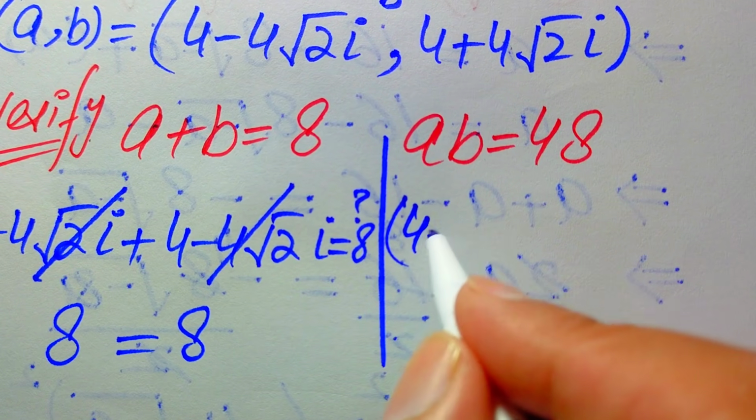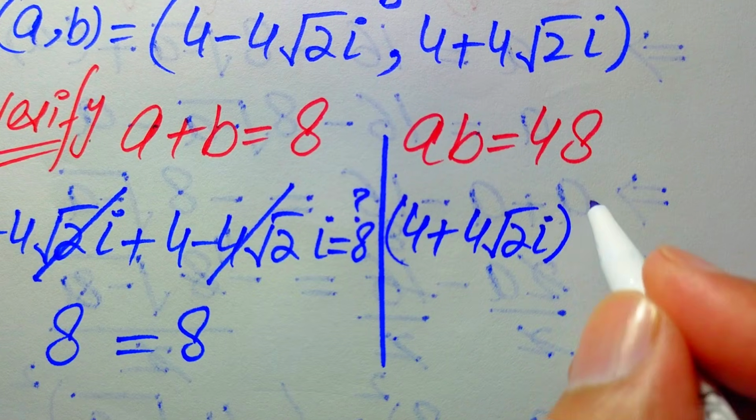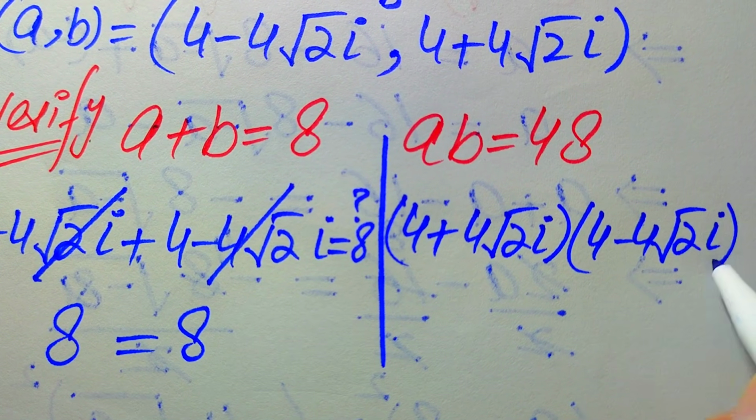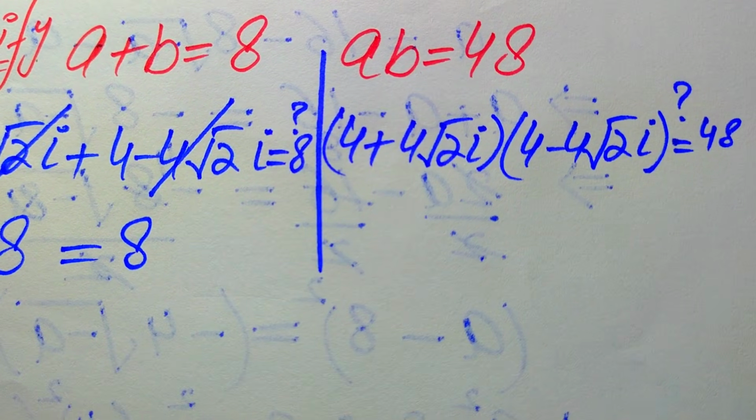Now in the same pattern we verify the second equation, and here we put the value of a, it is 4 plus 4 times square root of 2 iota, and 4 minus 4 times square root of 2 iota, and we check whether this equals 48 or not.